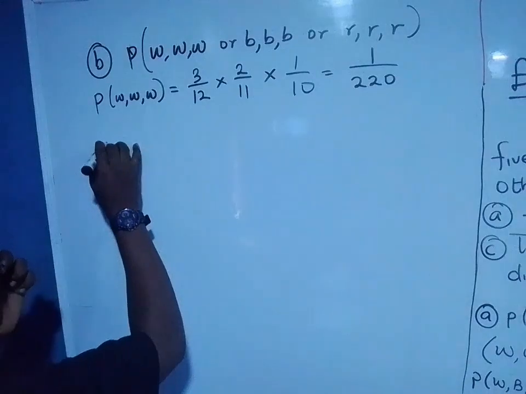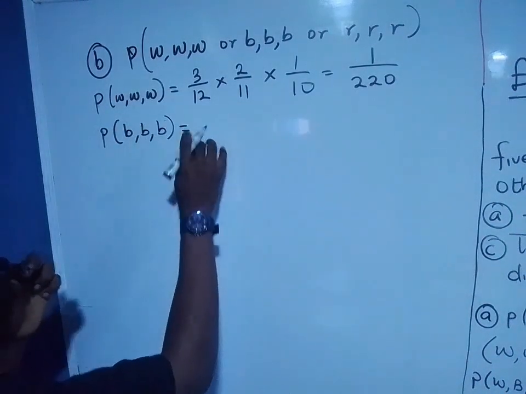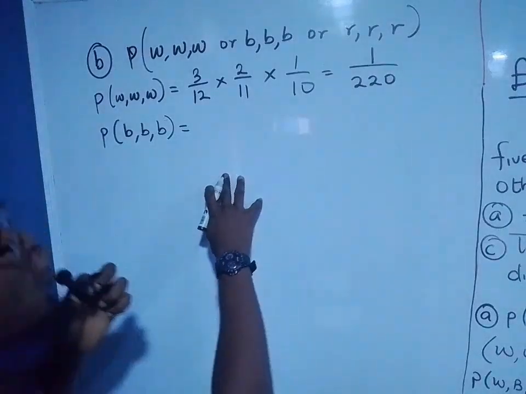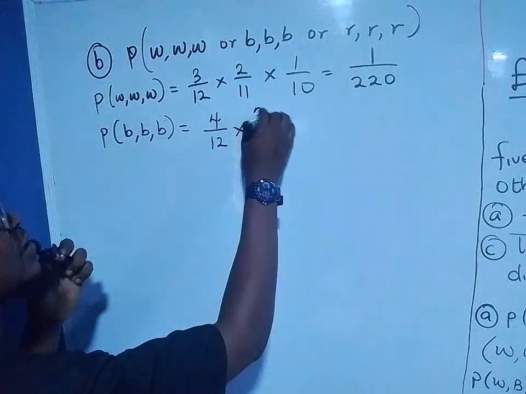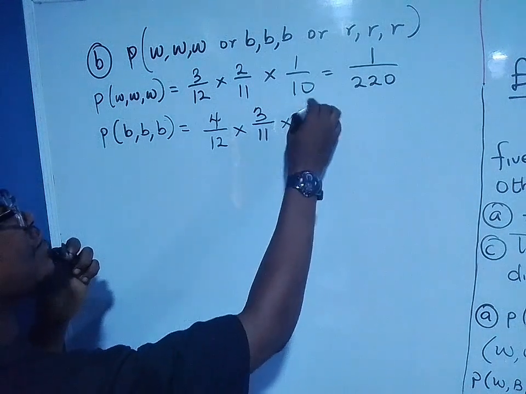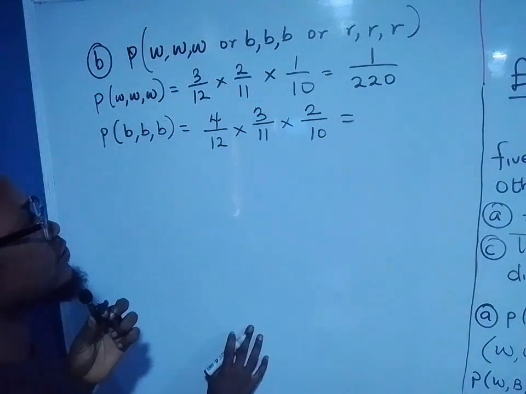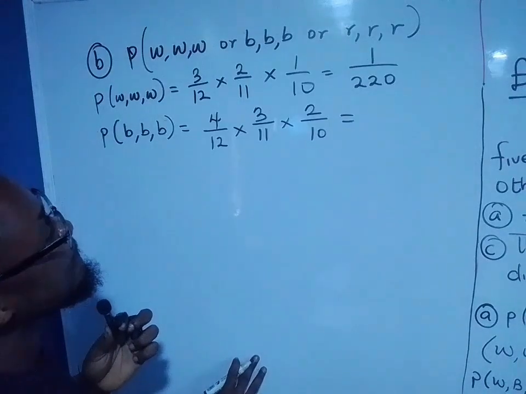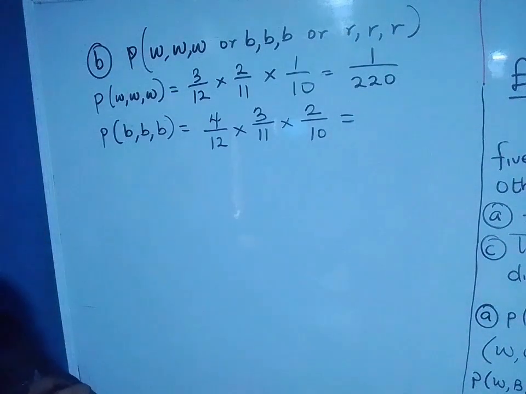Okay, good. Let's continue. Probability of BBB, right? Blue is what? 4, right? So we start with 4/12 times 3/11 times 2/10.